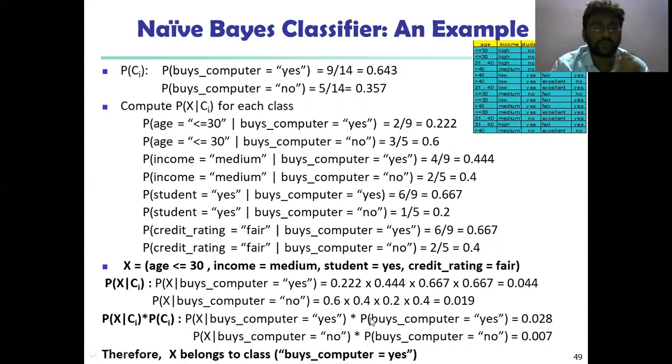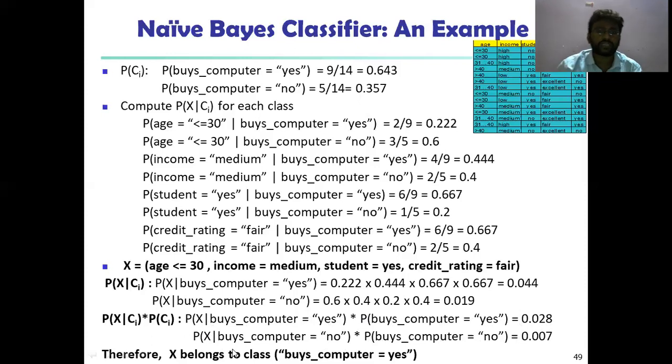Now we will calculate the probability of X given Ci into P of Ci. So we calculate P of X given buys computer equal to yes, into P of buys computer equal to yes. Here we have got 0.028. Now X given buys computer no into P of buys computer no comes to 0.007.